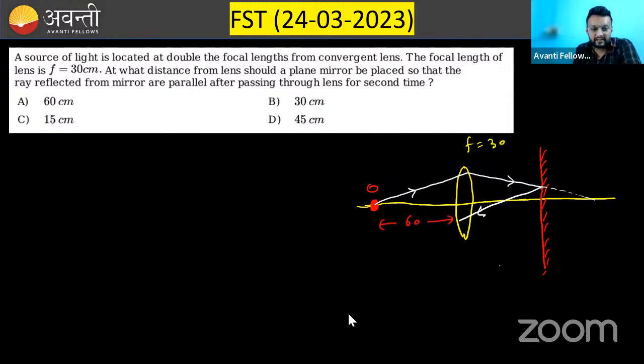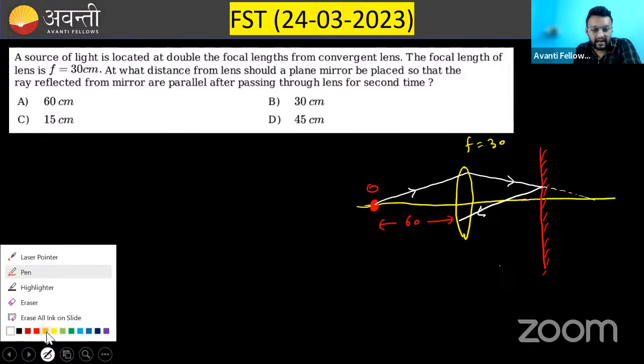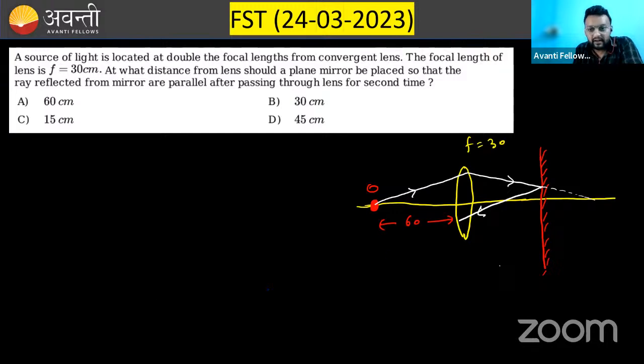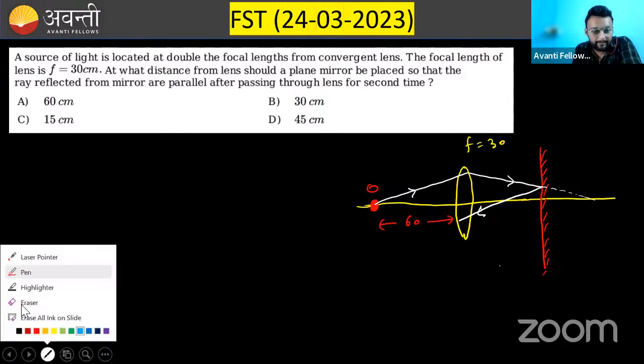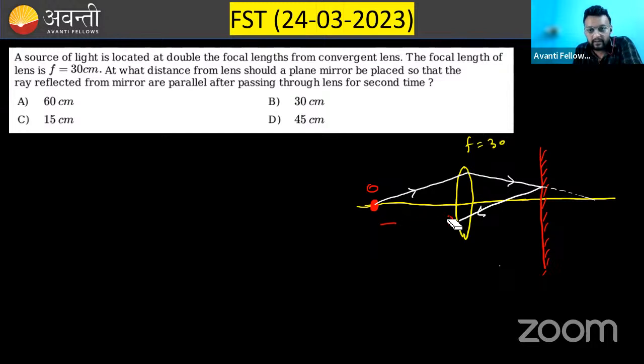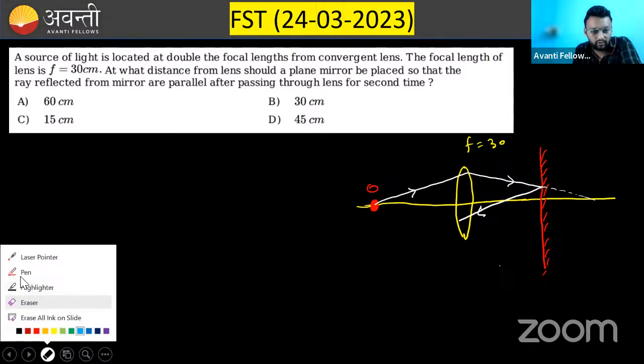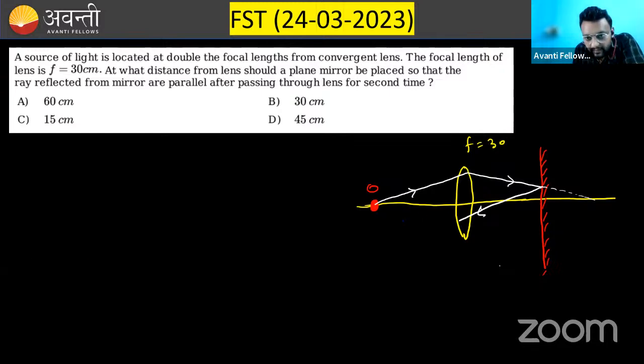Now, what are they saying? They are saying that after reflection, the ray becomes parallel to the principal axis. This is the final diagram.